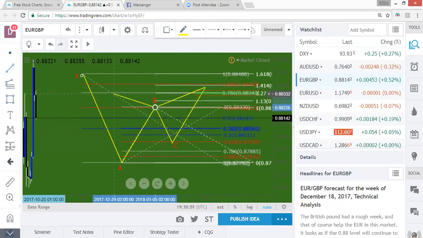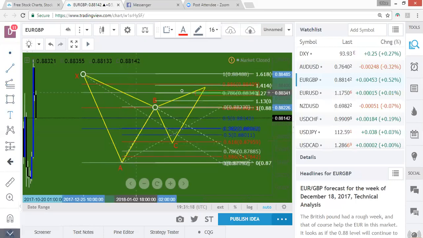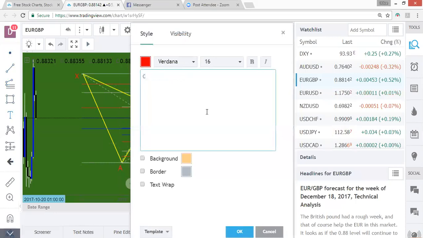But again, we look for D to complete at a retracement of the 786 from our X to A move, and an extension of the 127 from our A to B move. And that would have been our completion, where we were looking to get short on this Gartley.